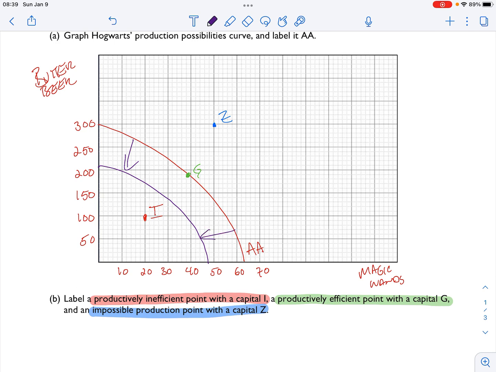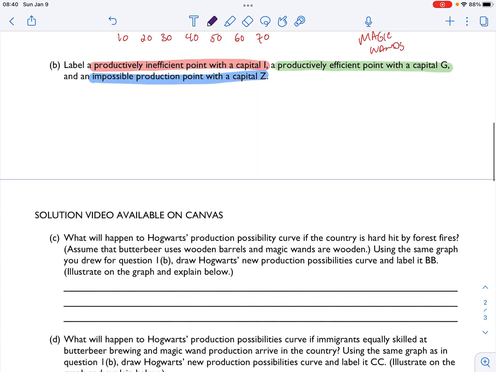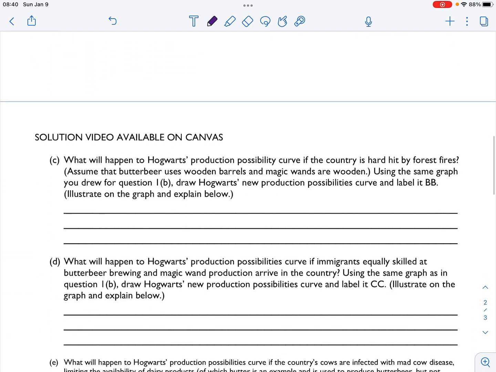And as a result of the lower number of trees available to harvest, production possibilities will shrink. The PPC will shift inward. Another way to think of it is to the left. And so BB, production possibility curve BB, needs to be a smaller production possibility curve. Right? Why is that?